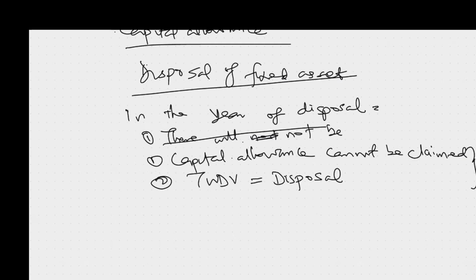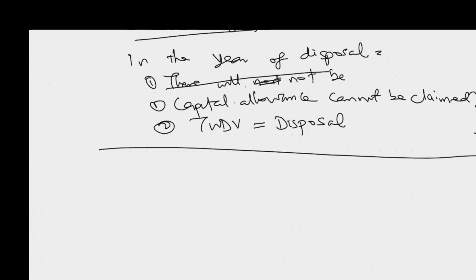In that last one that I did for you, I can't possibly see it now. Let me see if I can find it. I did not take cognizance of the fact that an asset was disposed, so we need to take cognizance of that.